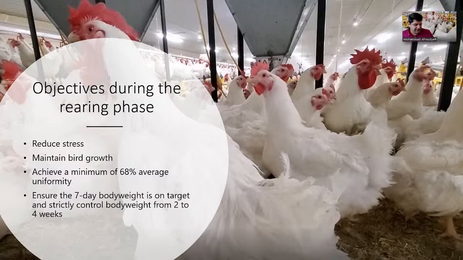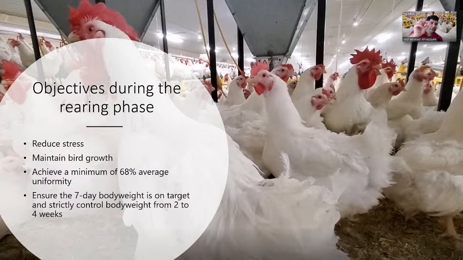And one interesting thing is that in one of our trials we created some energy partitioning models, and then we used breeder recommended energy level in that models to predict body weight.